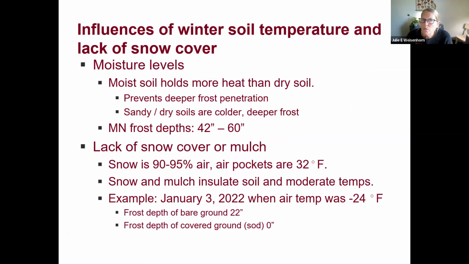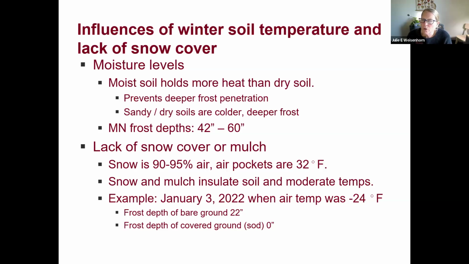So the influences of winter soil temperatures and lack of snow cover are really important to the survival of particularly the roots of the plant. Moist soil will hold more heat than dry soil, and this will prevent deeper frost penetration. Our frost in Minnesota is roughly 42 to 60 inches, so about 4 to 5 feet. Sandy, dry soils are going to be colder, and that frost will get deeper down in the soil.